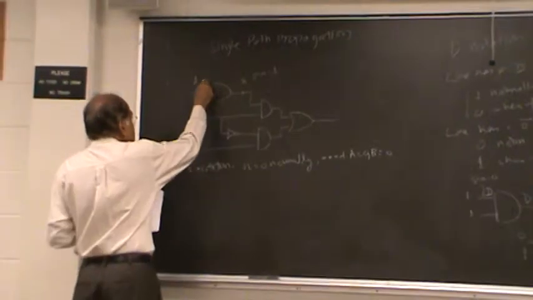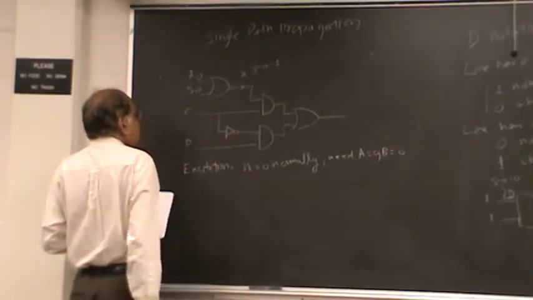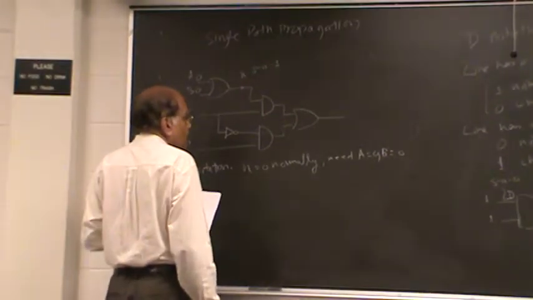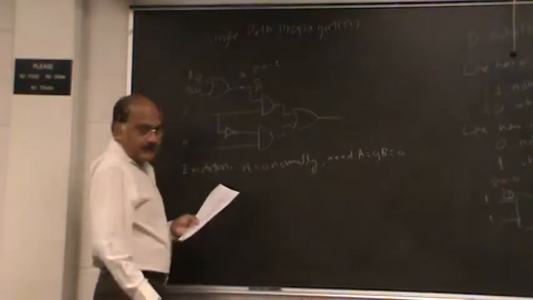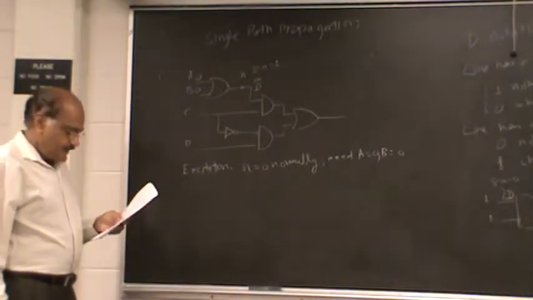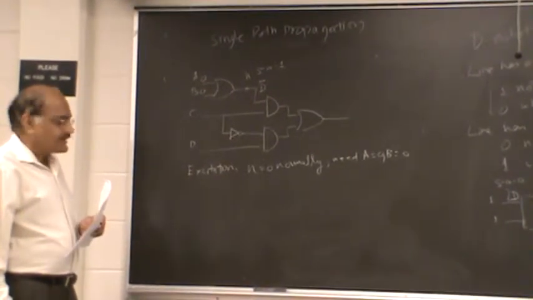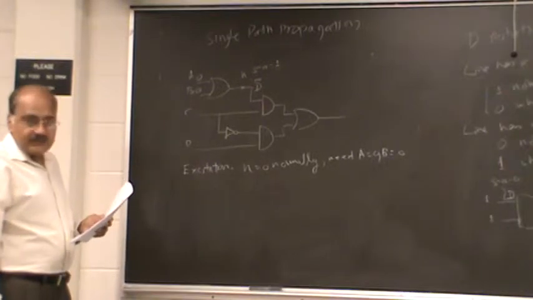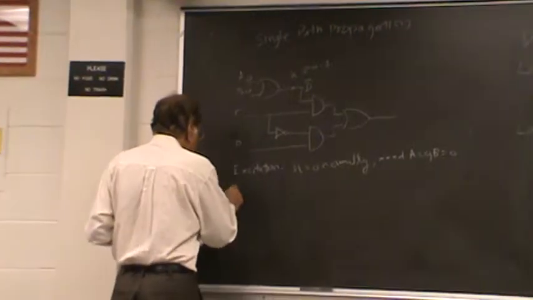So we put 0, 0 there. So this would be a 0, and in the presence of a fault, that would be a 1. In other words, we have a D bar at this point, right? Okay, so we have done excitation. And now let us try to propagate the effect of the fault to the outside.